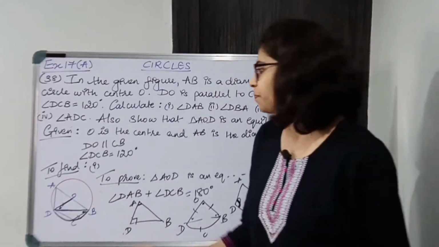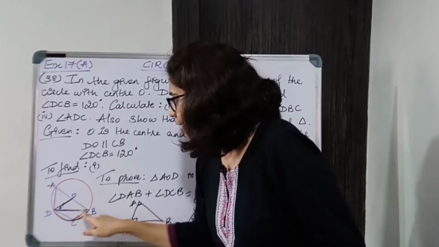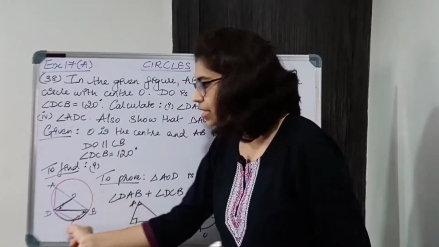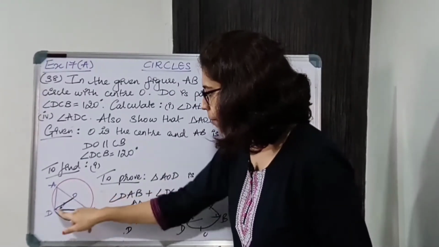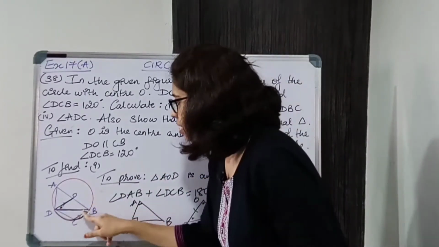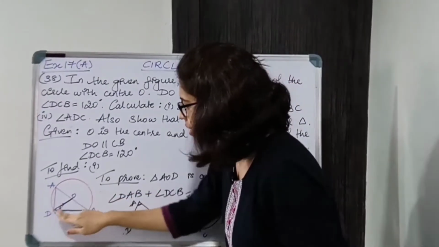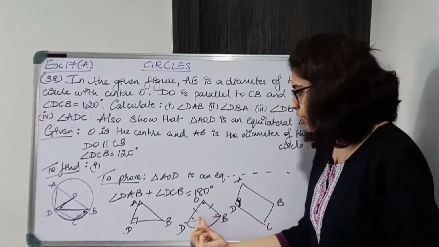Now what we have found will be used. DBC plus ABD is nothing but ABC. Okay, ABC is nothing but ABD plus DBC. Students, DBC we'll find in the third part and ABD is nothing but OBD, and OBD we'll find over here itself.